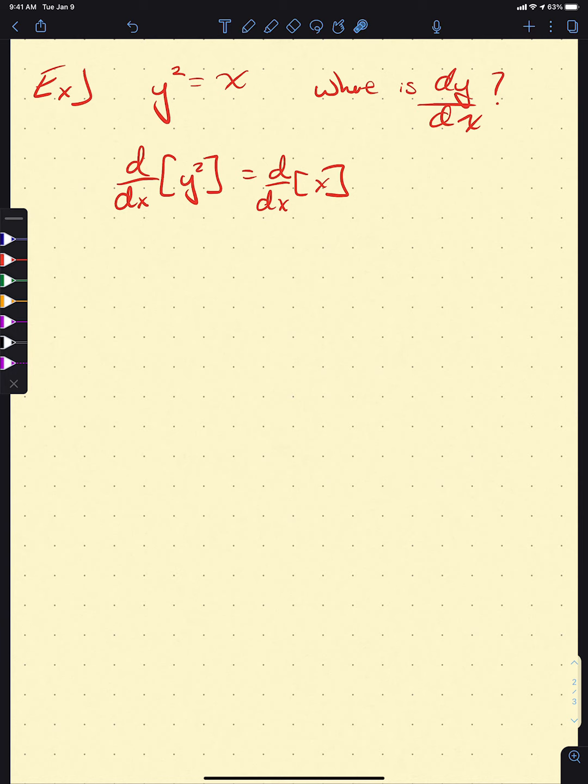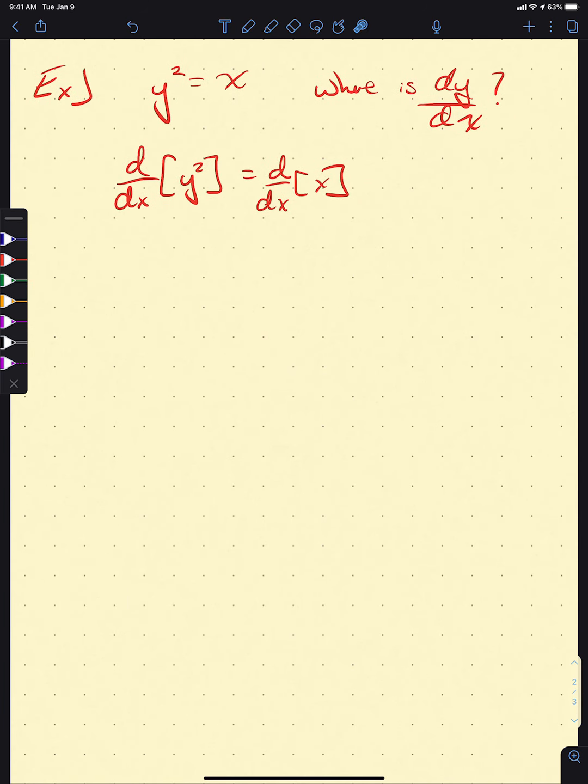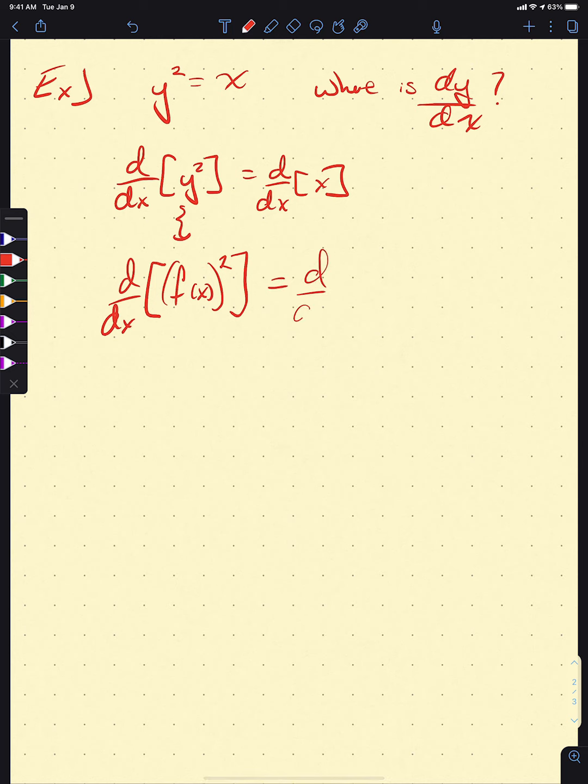The key insight here, the key shift in perspective that we want, is precisely what we said when we were looking at this: with suitable restrictions, y is a function of x. So that means that this is the same as writing d dx of some function, whatever it is, f of x squared, and that's still equal to d dx of x.